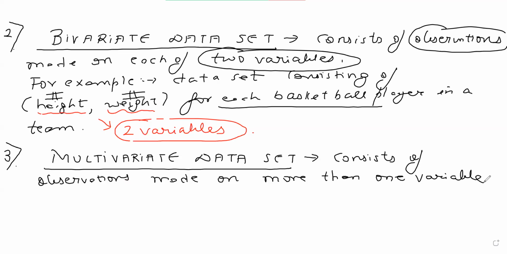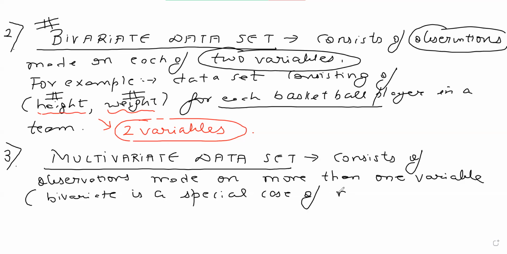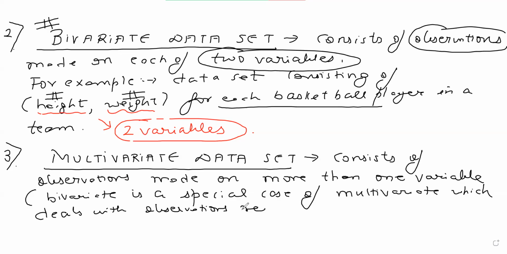So more than one variable is multivariate, where two variables is a special case called bivariate. So I can write that bivariate is a special case of multivariate, which deals with observations regarding two variables.